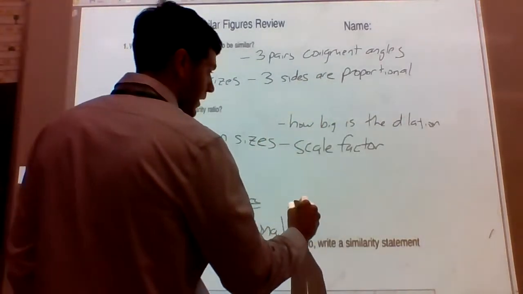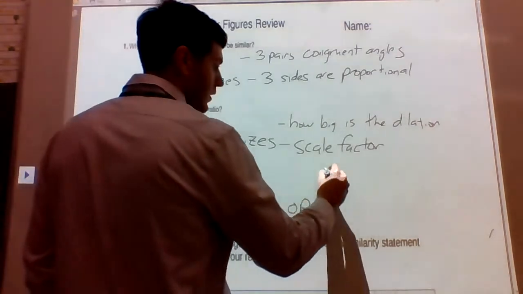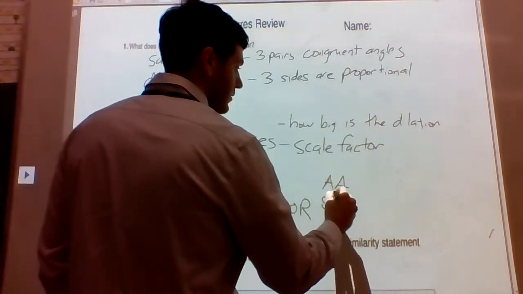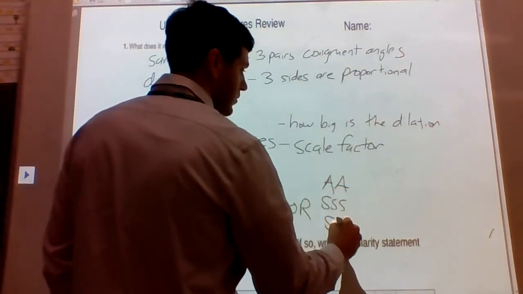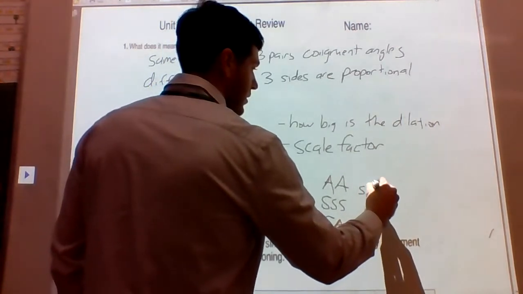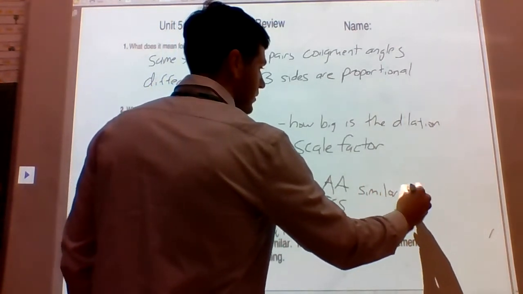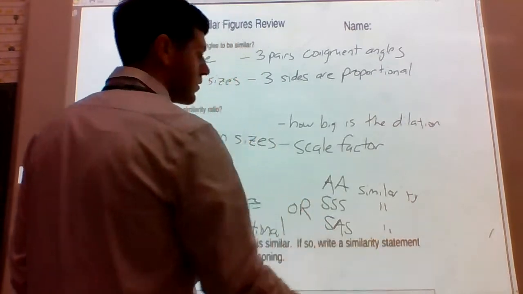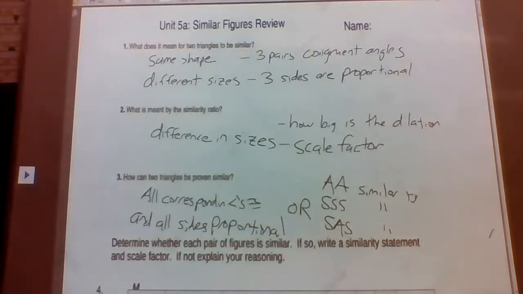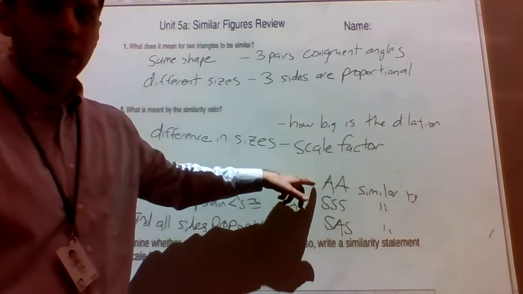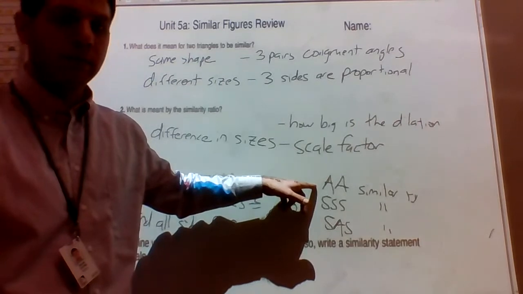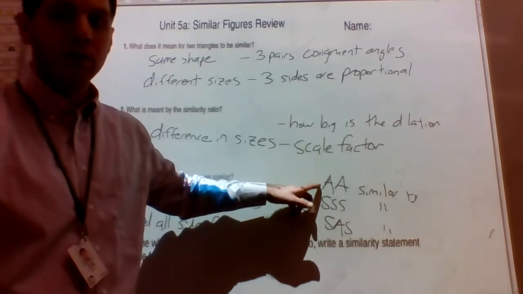Or we have 3 shortcuts. We can use angle similarity, side similarity, or side angle side similarity. With angle similarity, if we have 2 pairs of congruent corresponding angles, then we know the triangles are similar.